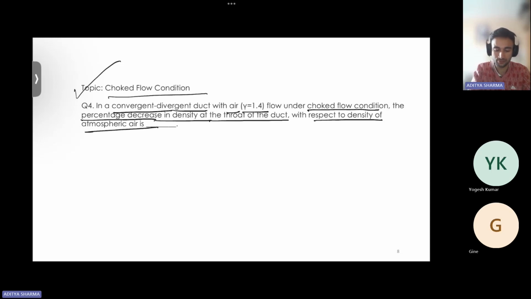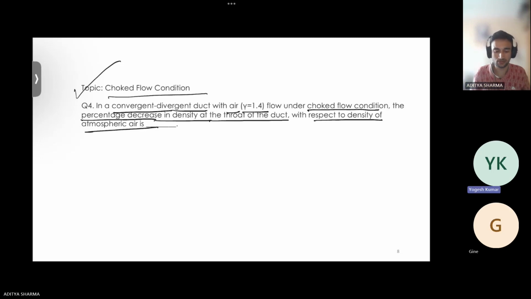So how do we solve this? In the last tutorial we have used one formula: rho naught by rho equal to 1 plus gamma minus 1 by 2 M square, whole to the power 1 by gamma minus 1.